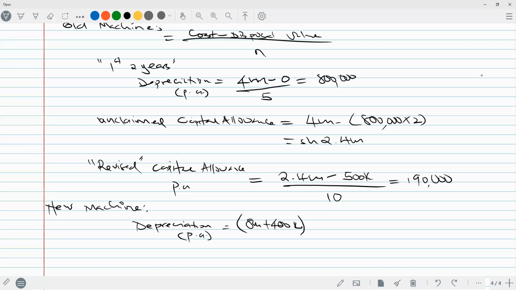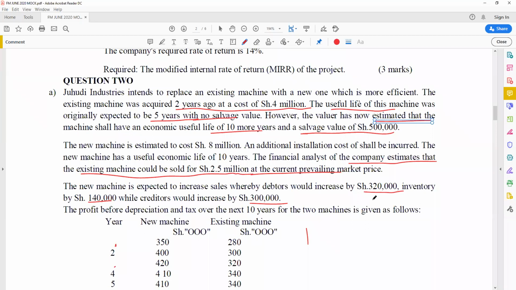At the end of the life of this new machine, what will be the disposal value? There's no mention at all, so zero.